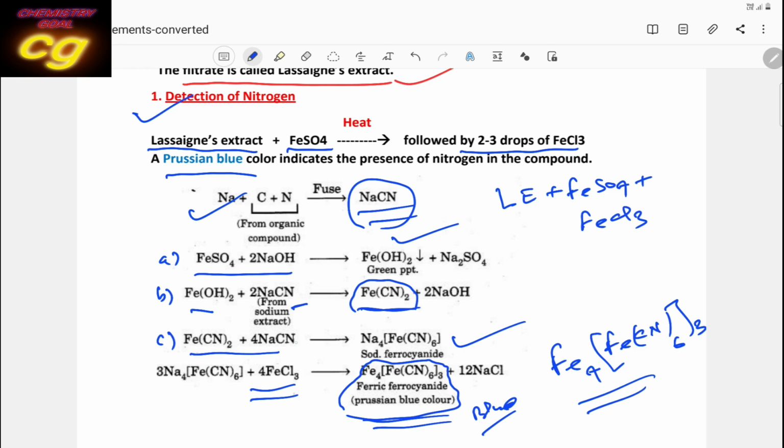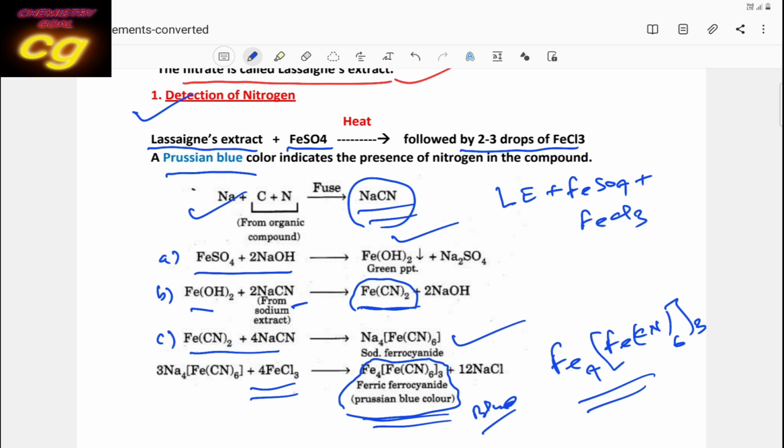Ferrous cyanide again reacts with sodium cyanide forming sodium ferrocyanide, which is water soluble. This sodium ferrocyanide reacts with ferric chloride in the last step forming ferric ferrocyanide, a Prussian blue colored substance. That indicates the presence of nitrogen in the organic compound. Okay, this is about detection of nitrogen.